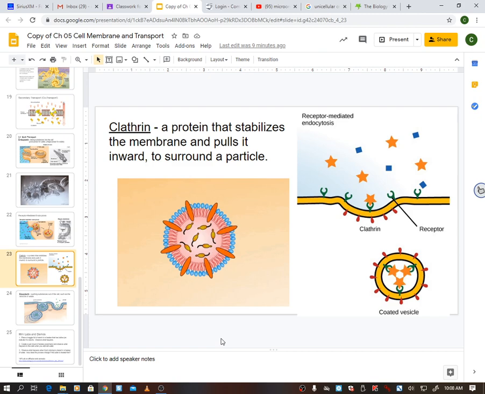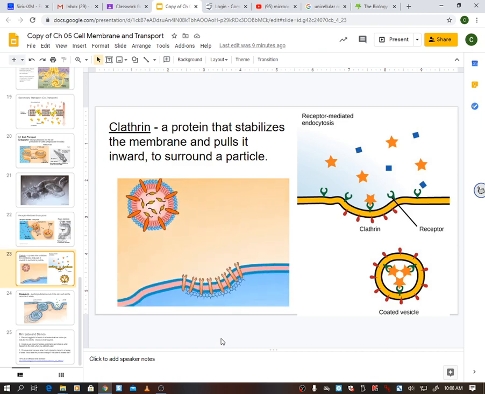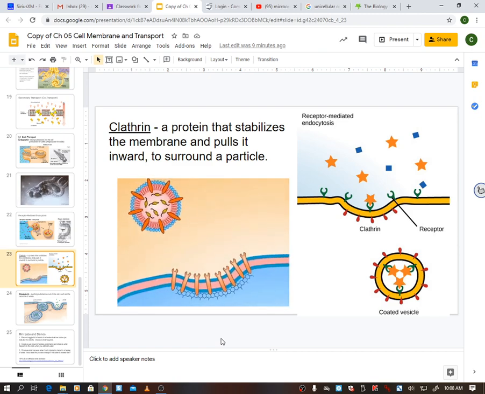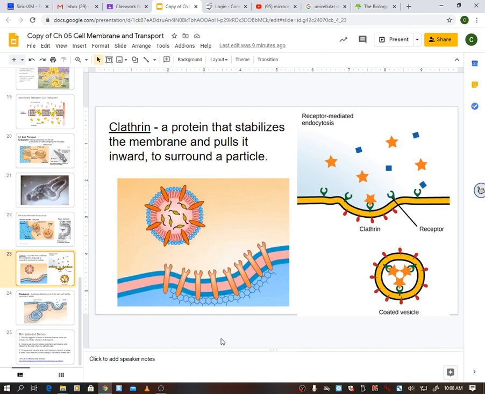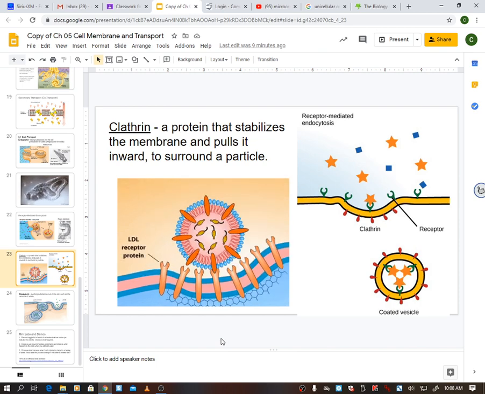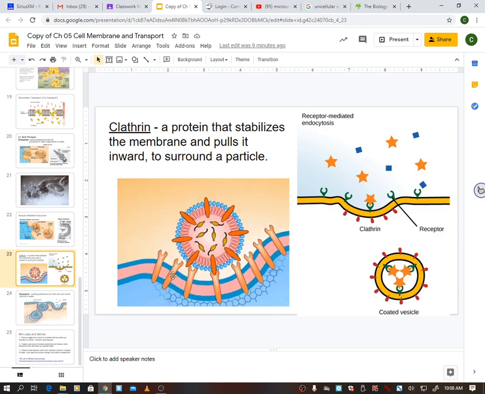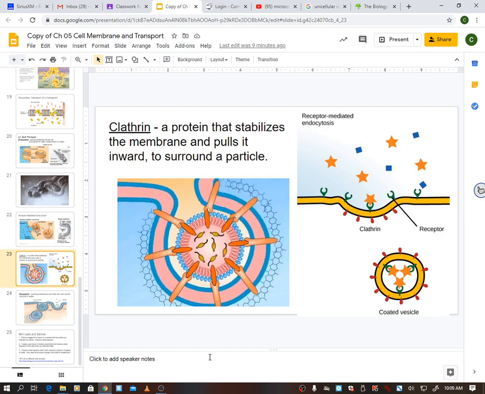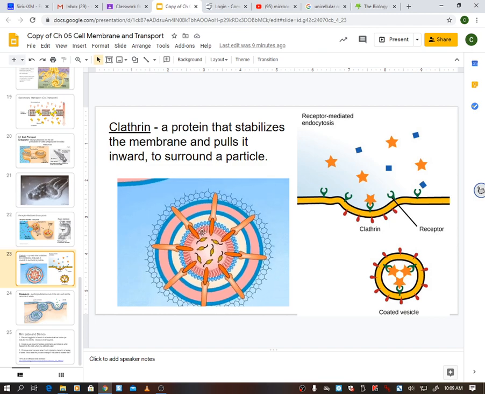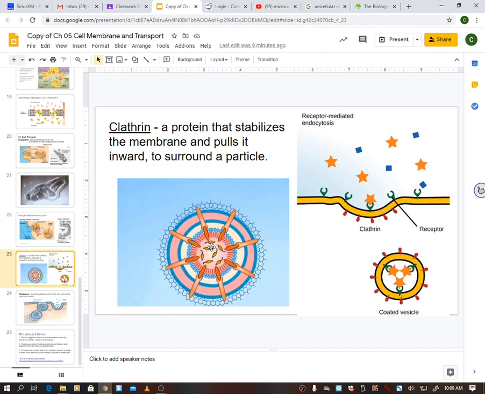All right, so clathrin is a protein that stabilizes the membrane and pulls it inward to surround a particle. So you see, watch this right here. There's receptor proteins, and it pulls that in right there, and then it will, here we go, surround it, and then now it is inside your cell.